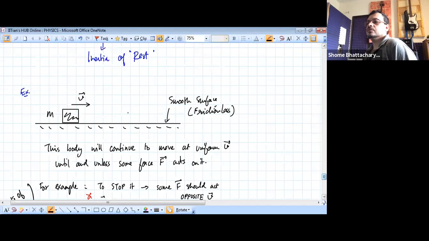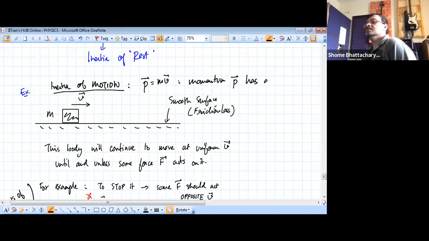These are examples of inertia of motion. That is, the momentum P has a tendency to remain uniform until some force acts on the body.